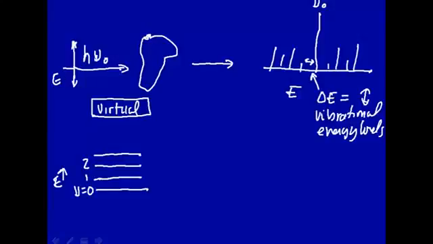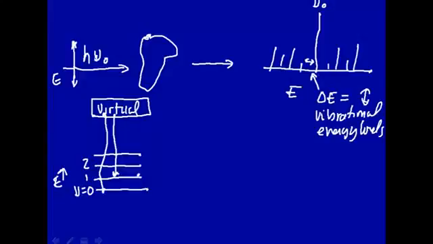So the electrons will follow the electric field as it oscillates back and forth, and it'll go to a high energy state, and then, let's say, go up from here to this virtual state, and then it goes from the virtual state not back down to 0, but down to a higher vibrational energy level. So the light going in was high energy, the light coming out is lower energy, and that shift in energy corresponds to this difference in energy here.